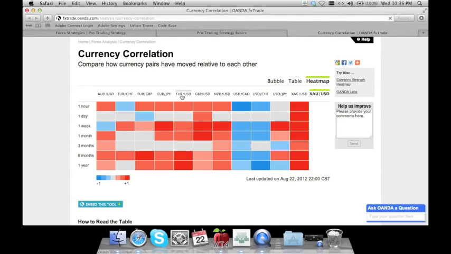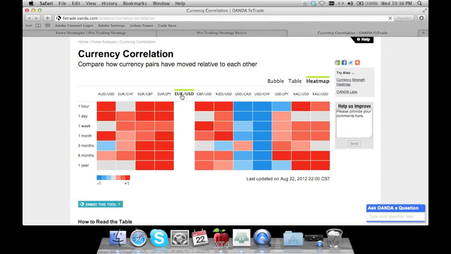For example, if I want to see Euro USD, which pairs correlate with Euro USD? Anything that is dark red, not just from one time, but for the majority of the column, means it correlates with the Euro dollar. So if it's red, it goes in the same direction. If it's blue, it goes in the opposite direction. So Euro USD and Euro Yen go together, but Swiss franc is opposite.